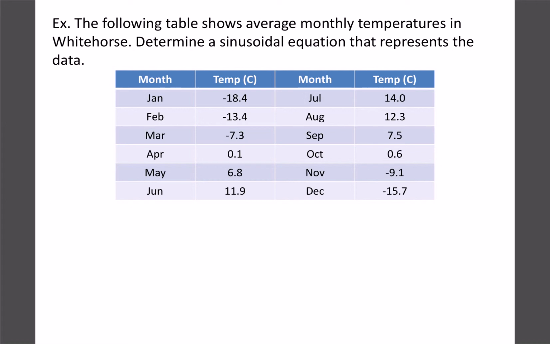This one shows average temperatures over the course of a year in Whitehorse, Yukon. You can see in January it starts at negative 18.4, heats up until we get to July, and then it gets cold again on the way down to December. If we were to graph this, typically we would put temperatures on one scale, and the time or the months on the other scale.